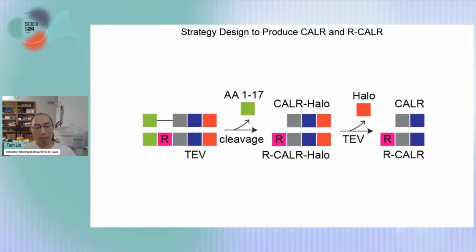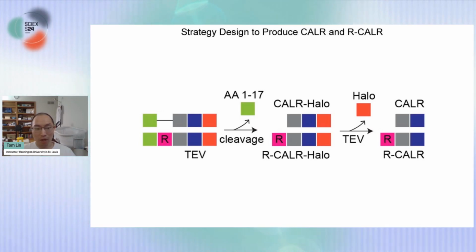To establish the top-down workflow, we have constructed a cell pull-down and purification process to obtain the calreticulin and the arginylated calreticulin, CALR. In the cells, the signaling peptide, amino acids 1 to 17, is cleaved after protein synthesis. Taking advantage of this process, we have inserted an arginine residue before the signaling peptide, as shown on the bottom left.